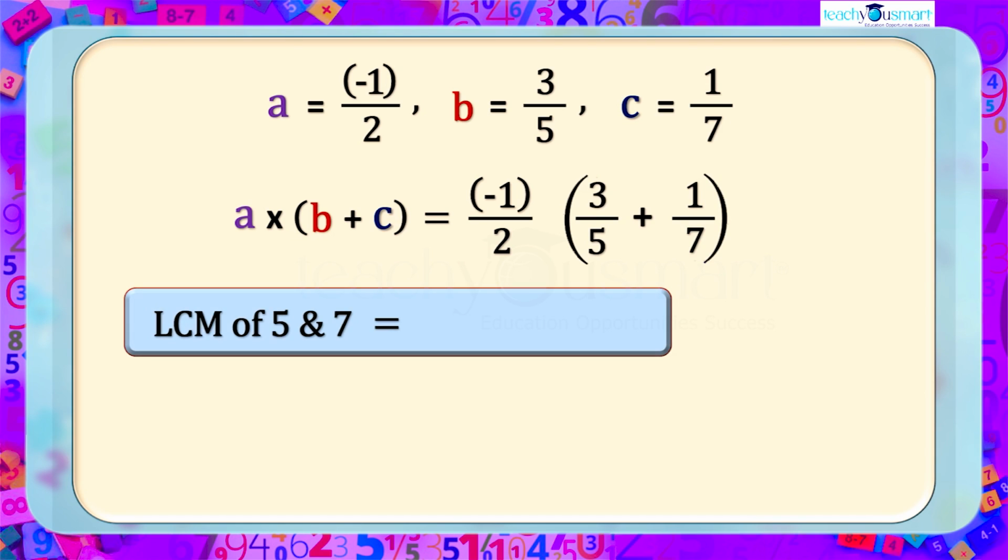LCM of 5 and 7 is 5 multiplied by 7 equals 35.